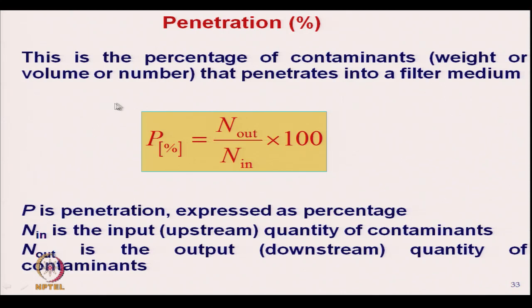So, penetration percentage is N out by N in. This is the ratio of the contaminant which is going out through the filter medium divided by N in.